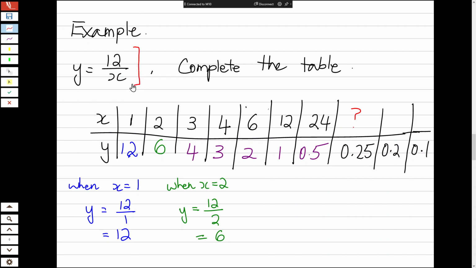We're actually doing it the other way. We're taking 12 divided by the number x. Oh, okay, that's what this means. This means 12 divided by x. Okay, so what I'm saying is 12 divided by some missing number x, I don't know what it is, gives me 0.25. And I want to work out that number.